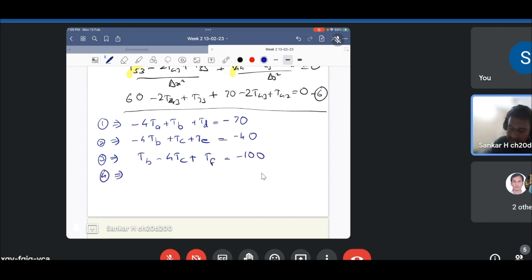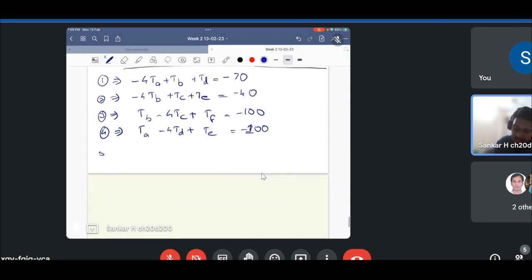Equation 4 will be TA minus 4TD plus TE is equal to minus 100. Equation 5 would yield TD plus TF plus TB minus 4TE should be equal to minus 70.